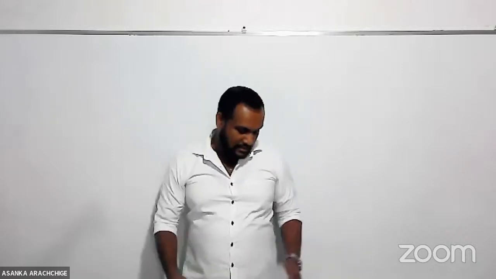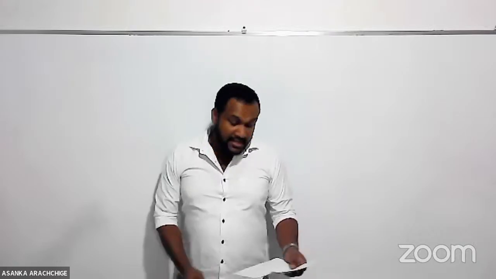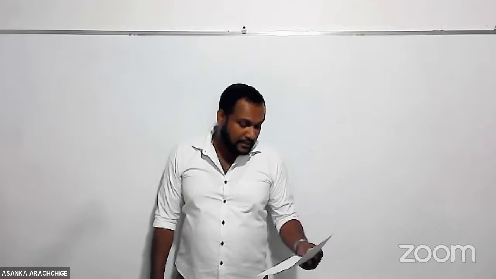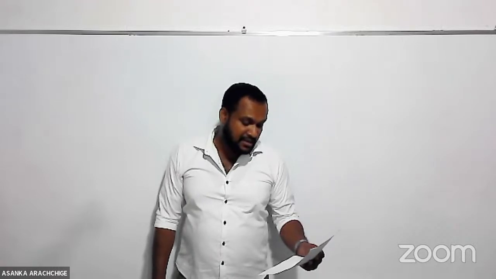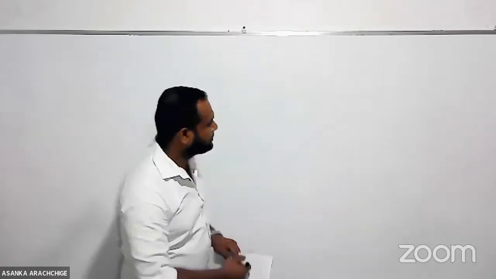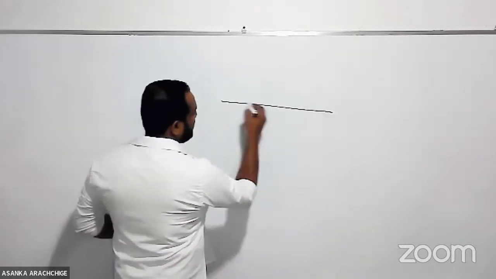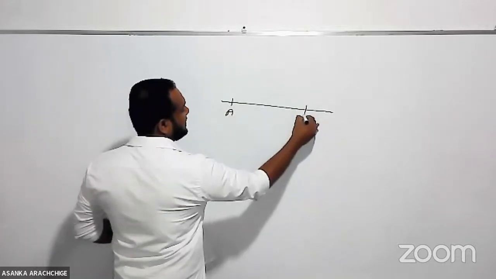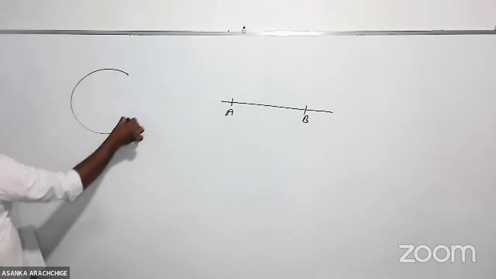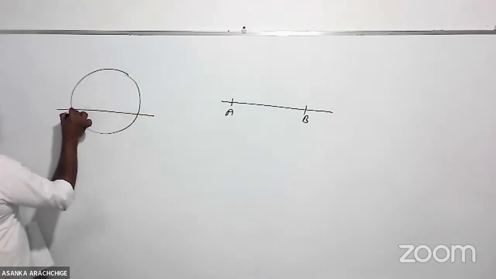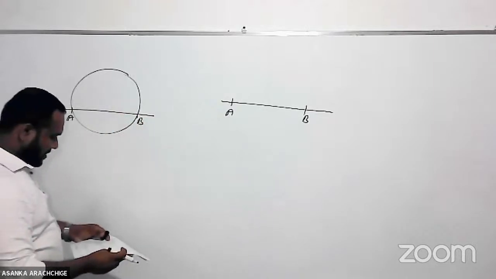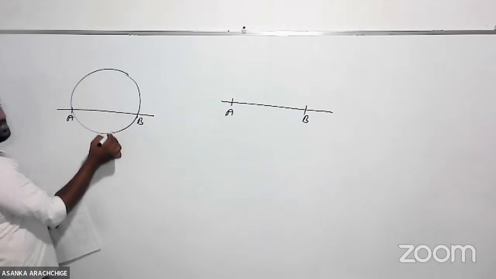It is needed to draw a circle with radius 3 centimeters which passes through A and B points. This is A, this is B. Now we have to draw a circle which passes through these two points, of radius 3 centimeters.